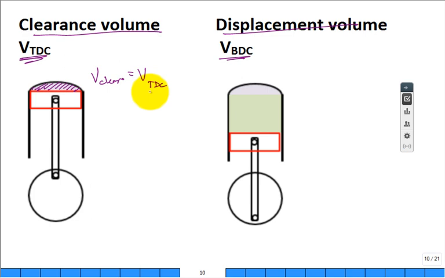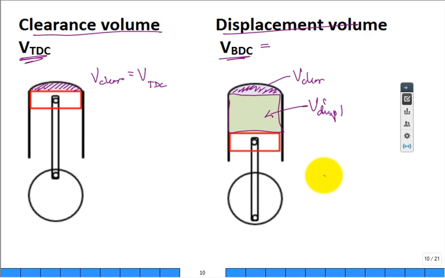Now, when you're at bottom dead center, the gas occupies this volume plus, I tried to shade it a different color, this volume. So the volume at bottom dead center is the clearance volume plus what is the displacement? How much is swept through by the stroke? And that is called the displacement volume.